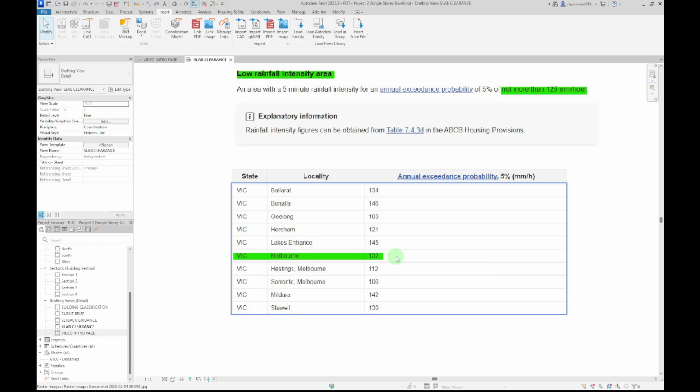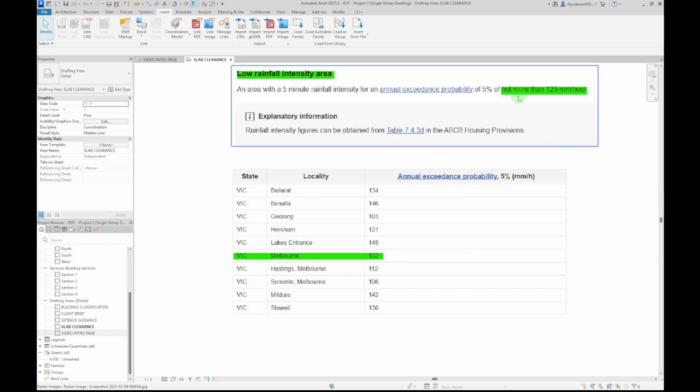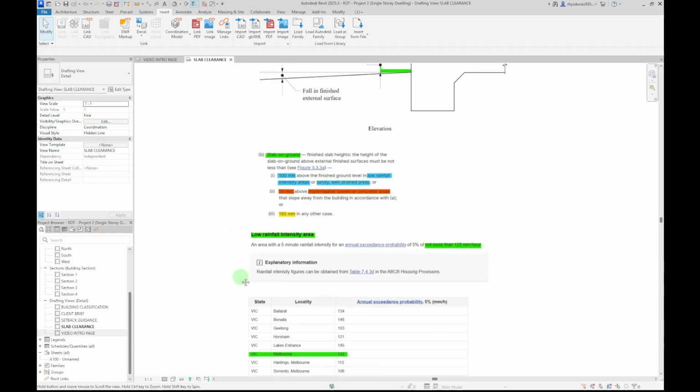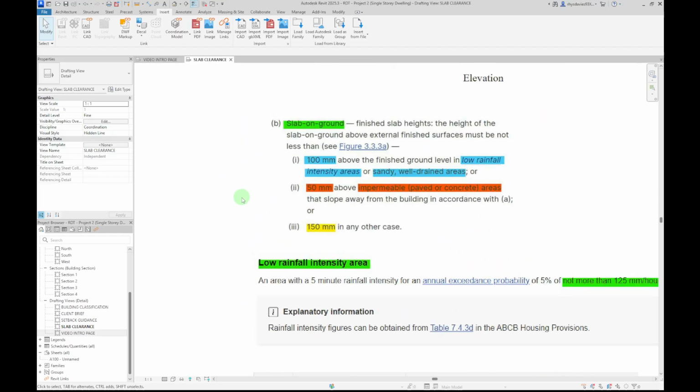So 132 millimeters is greater than 125 millimeters. When we go back to our slab on ground, we are allowed 100 millimeters if we are in a low intensity area, which we're not, because Melbourne exceeds the 125.